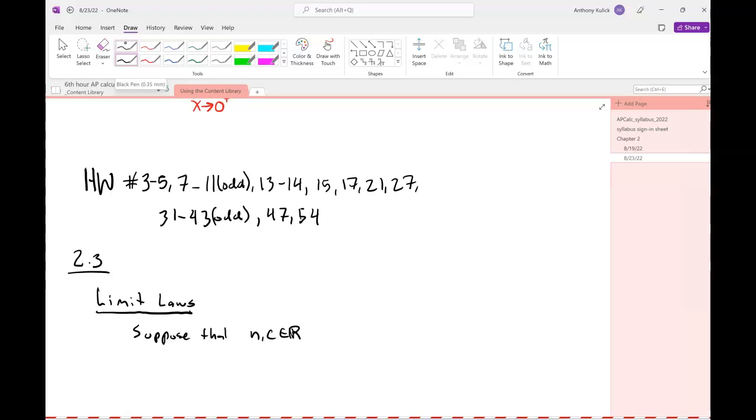Suppose that n and c are real numbers and are constants, and the limit as x approaches a of f of x and the limit as x approaches a of g of x exist.